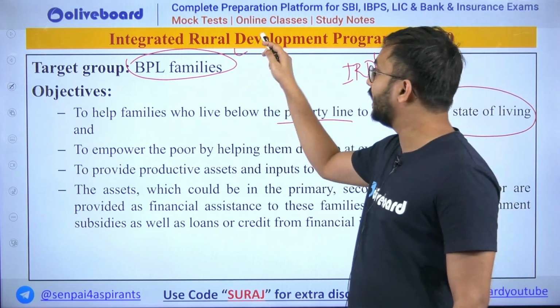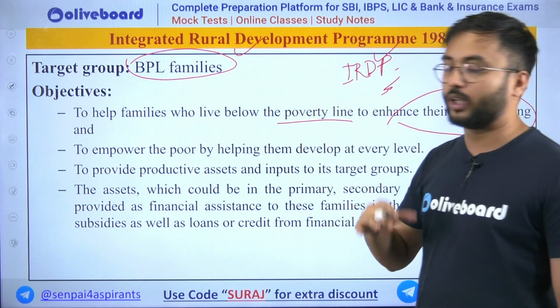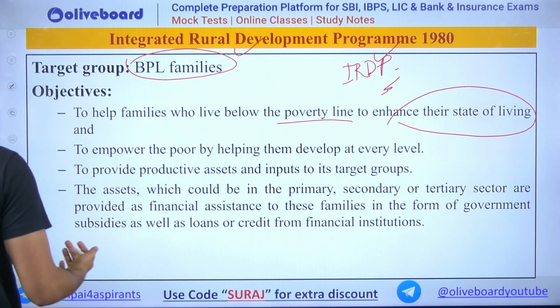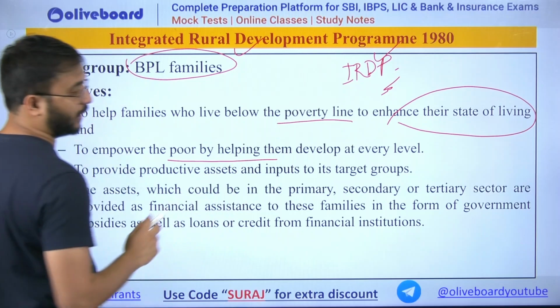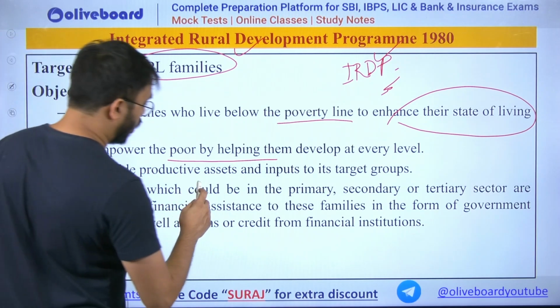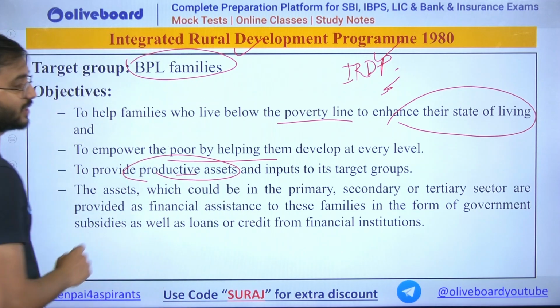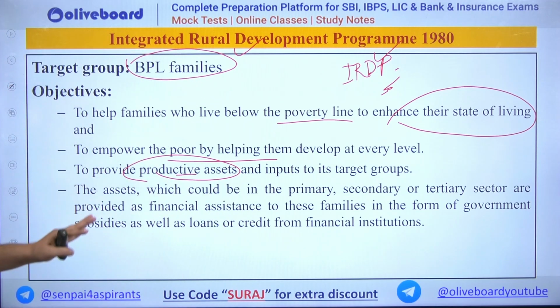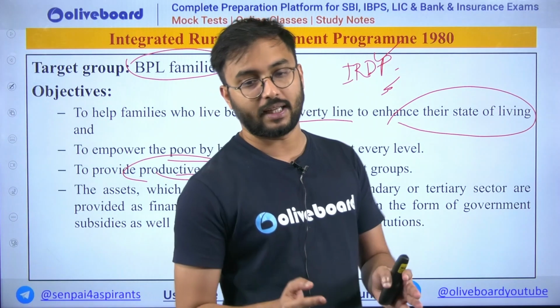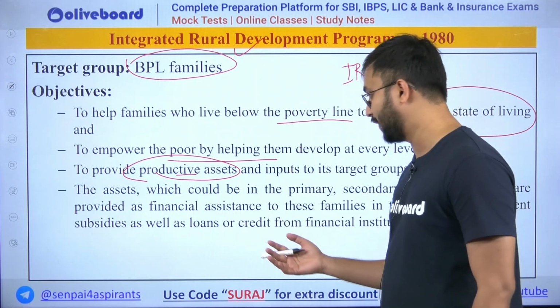It was in rural areas, and the aim was to improve overall facilitation for families under the poverty line, to empower the poor by helping them at every level. Then to provide productive assets and inputs to the target group, assets which could be primary, secondary or tertiary. For every rural area, different assets are there.